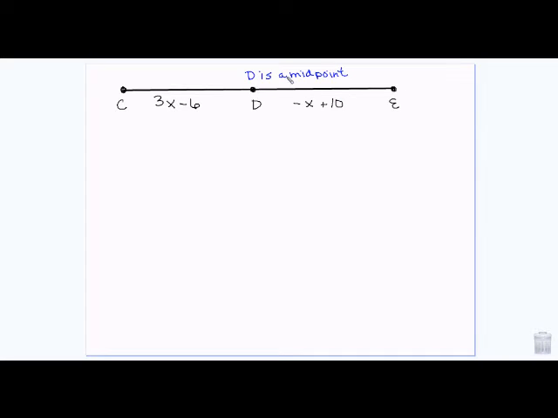But because now I know that D is a midpoint, that means this length here is the same as this length here. The yellow parts are both equal, and because they're equal, I can set them equal to each other.